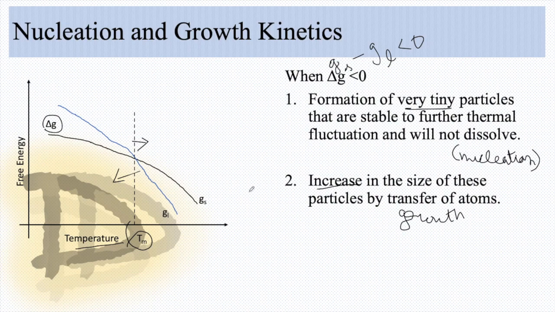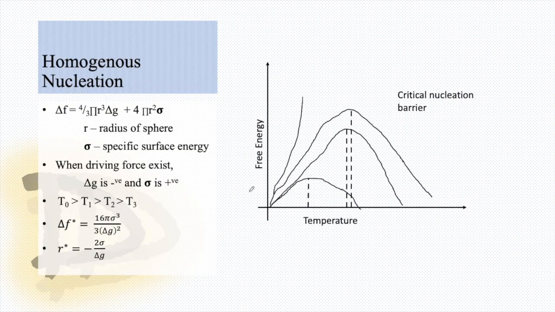This nucleation can be divided into two types: homogeneous nucleation and heterogeneous nucleation. What is homogeneous nucleation? Probability of nucleation remains constant throughout the volume of the parent phase.